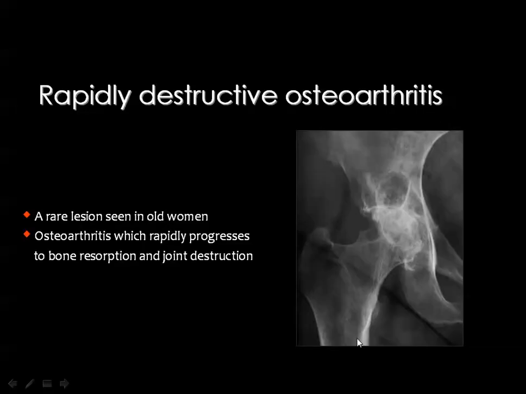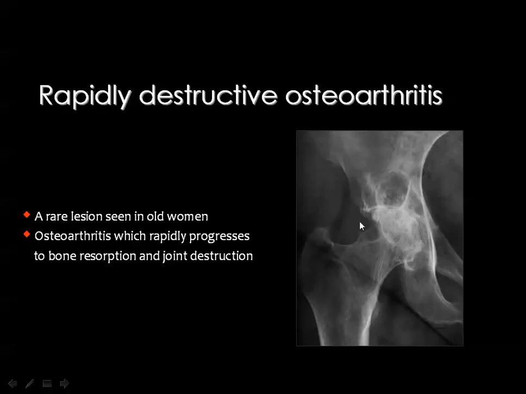Then there is a specific issue which is known as rapidly destructive osteoarthropathy of the hip, and this is a rare lesion which is usually seen in old women, which indicates that there is osteoarthritis that is rapidly progressive. And here you can see there are osteoarthritic changes.